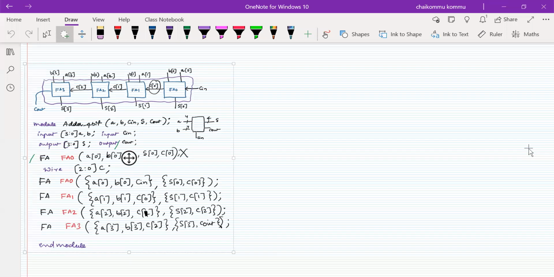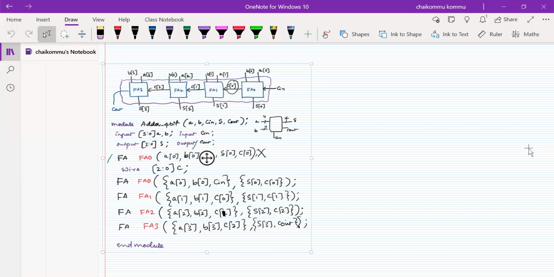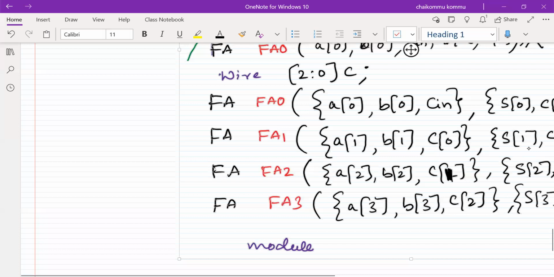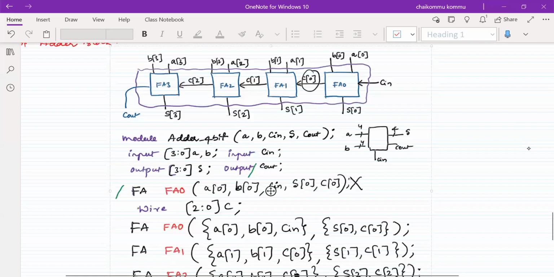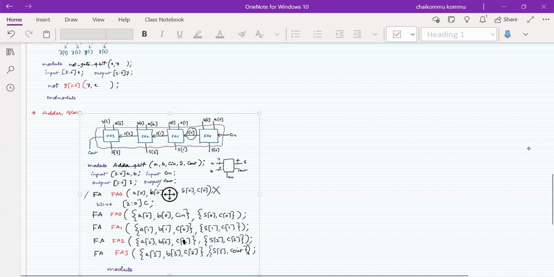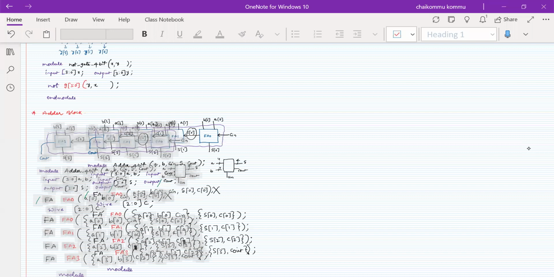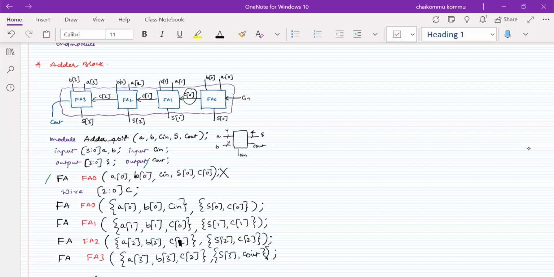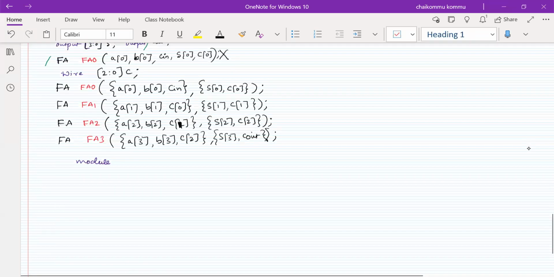Okay, so this is an AND operation. Sorry, adder block diagram. Next, the last one is the decoder.